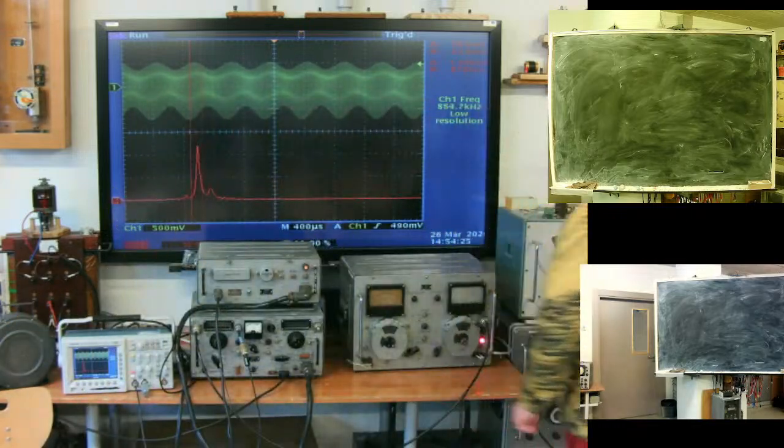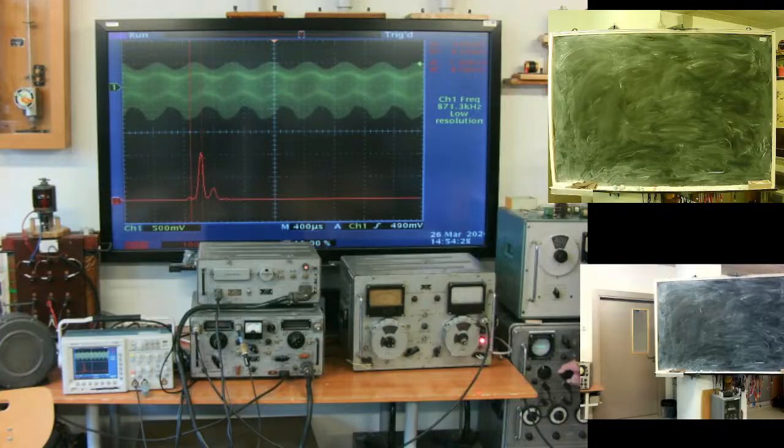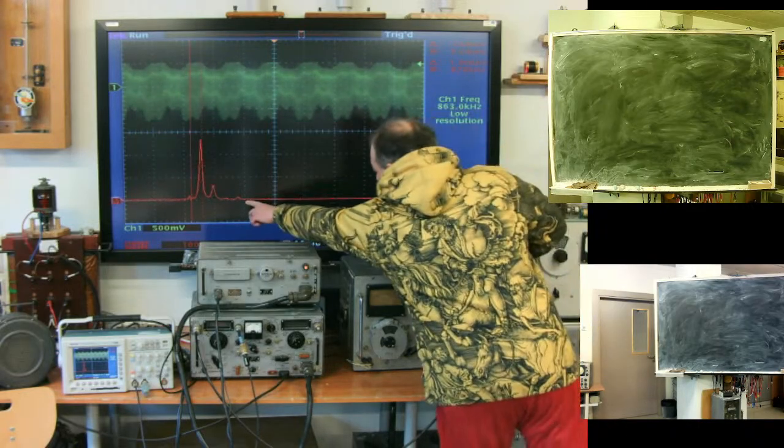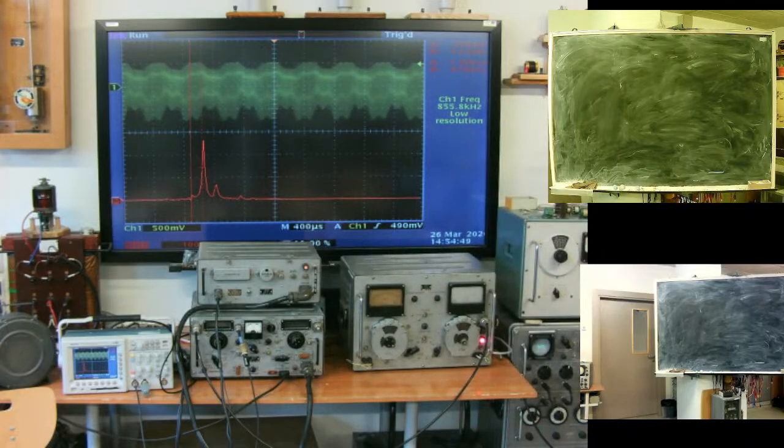For illustration, I'm adding a third harmonic to my signal. Here, I have added 30% of third harmonic, and a bit of the fifth.